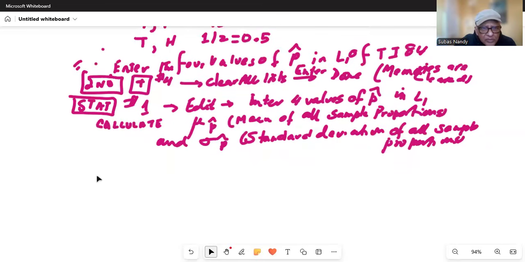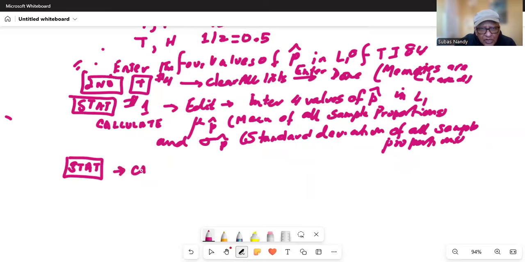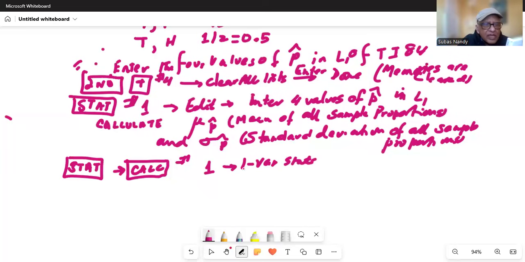What buttons do we press? We press the stat button, then highlight calc on the top row by moving the cursor on top of calc, then select number 1, which is 1-Var Stats.